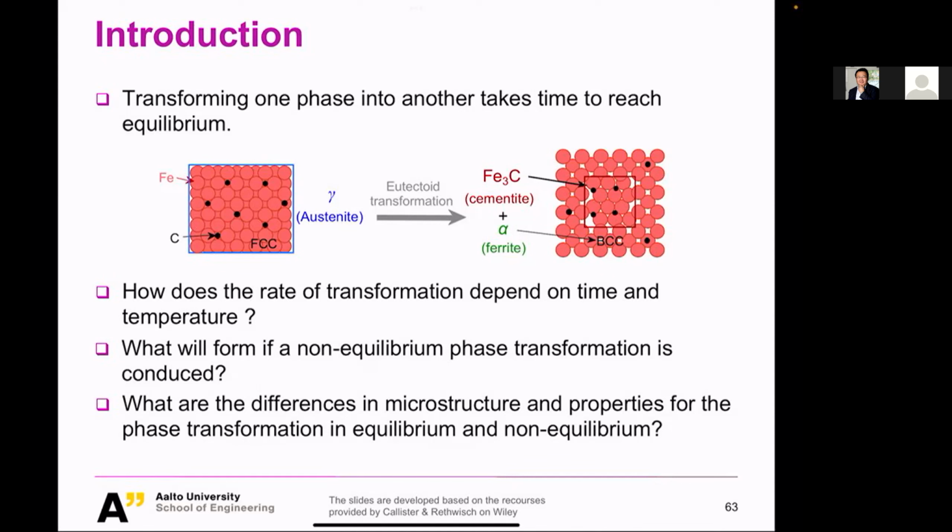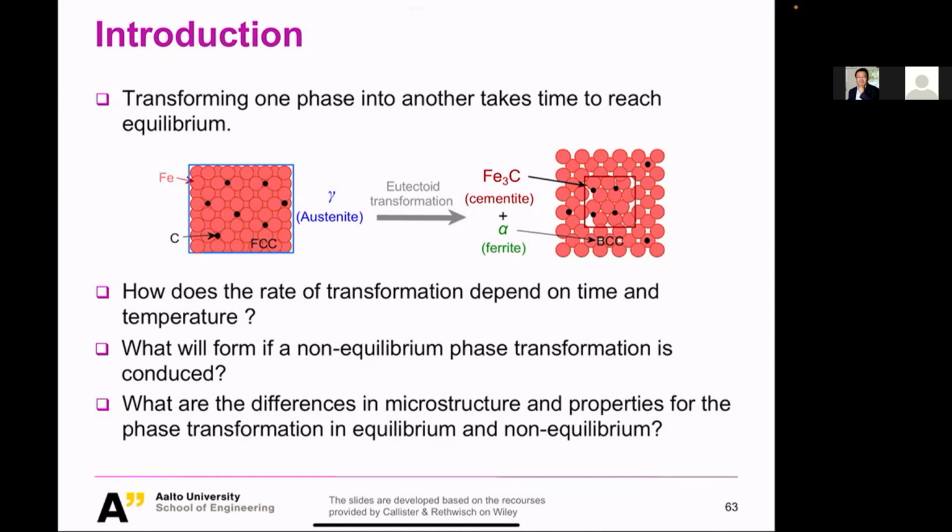If you don't diffuse your sugar enough into the coffee, you probably will not get your nice unique solution there. And this is exactly what we're going to talk about for this concept. The final thing: how much time do I really need to get a phase transformation done?